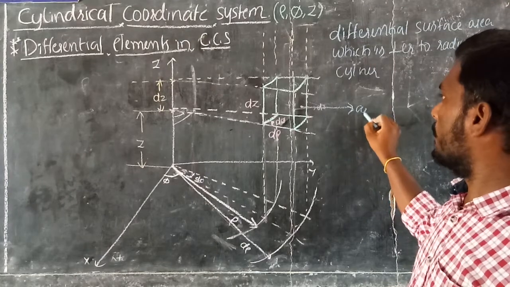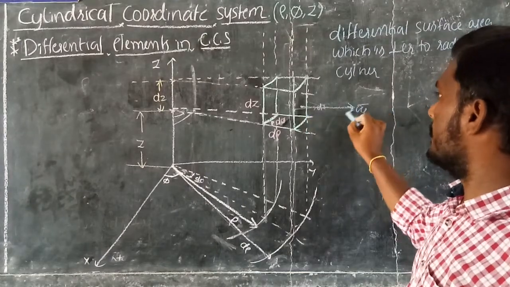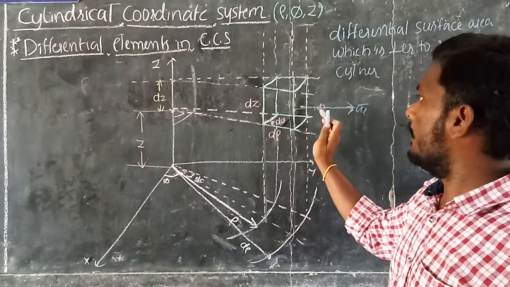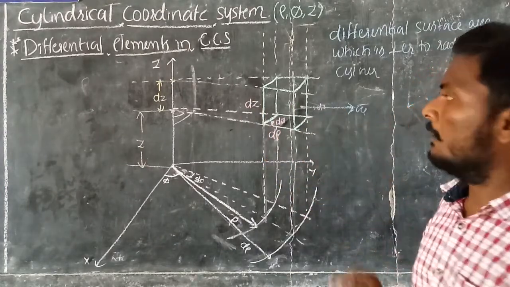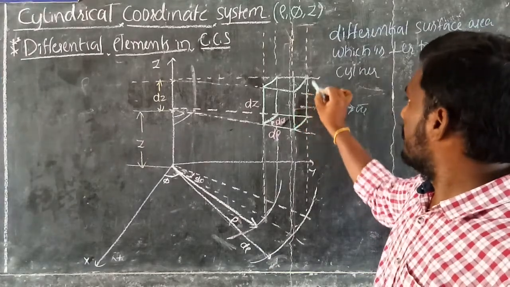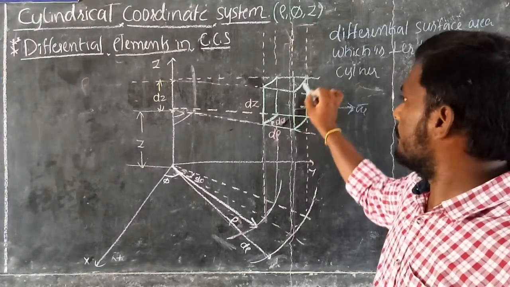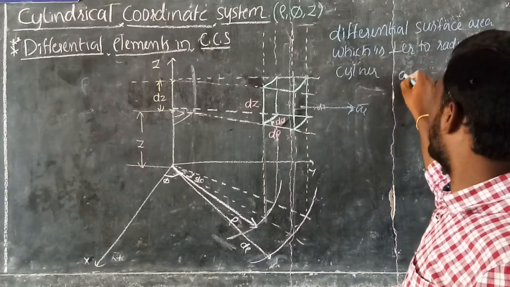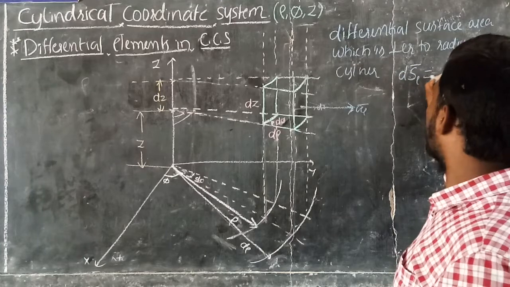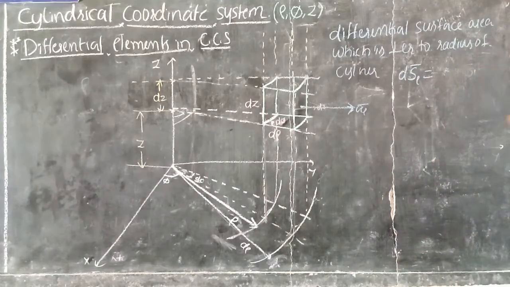The radius of the cylinder is in this direction. This is rho bar. So now this left side area and right side area are perpendicular to the radius of the cylinder. So what is the area of the surface? ds rho bar equals length into breadth.